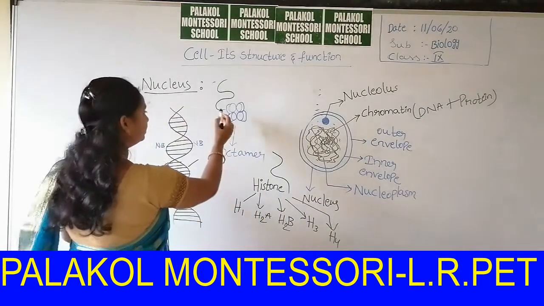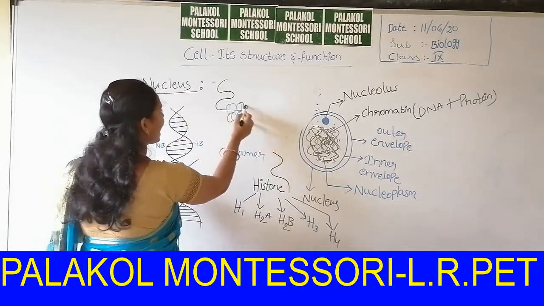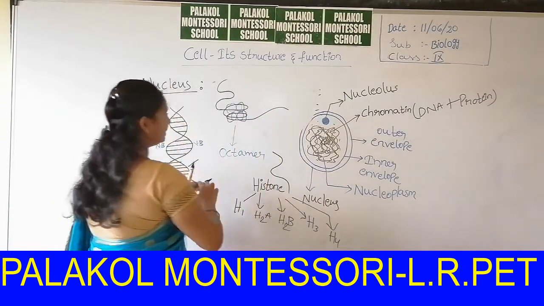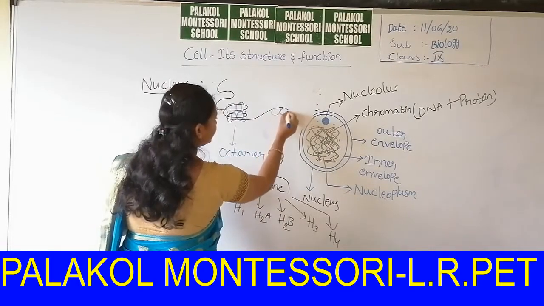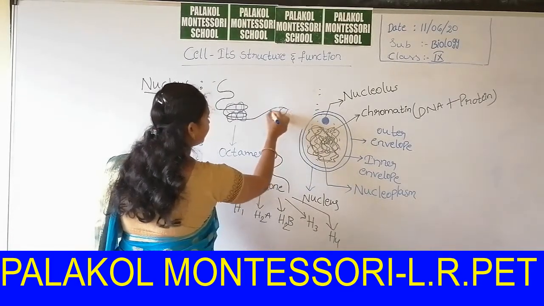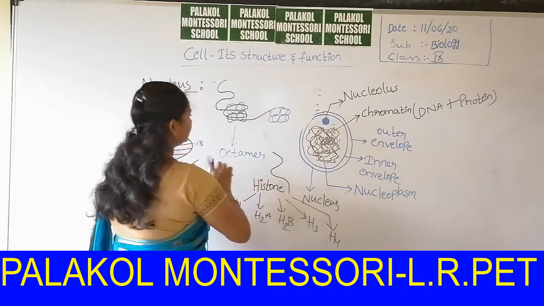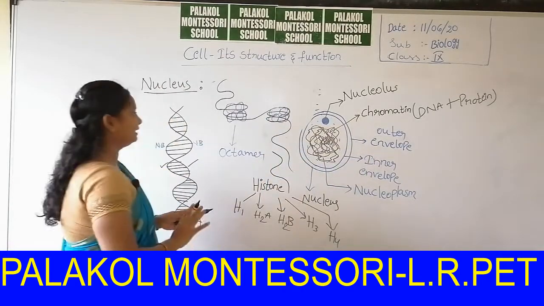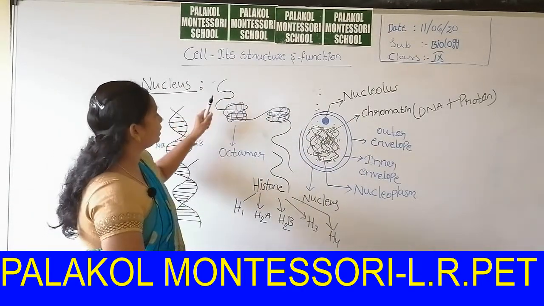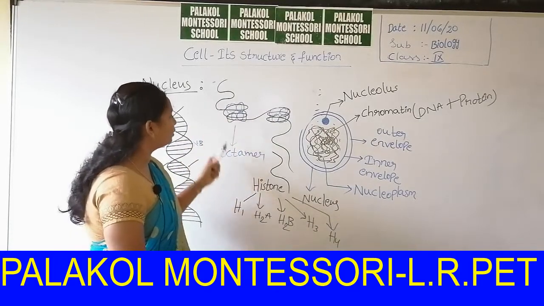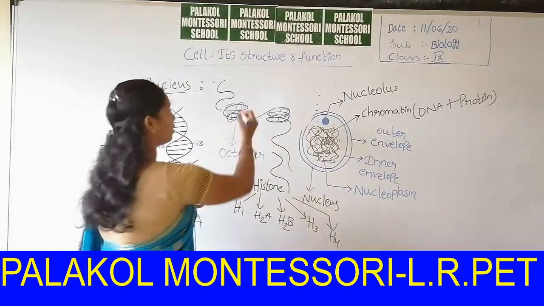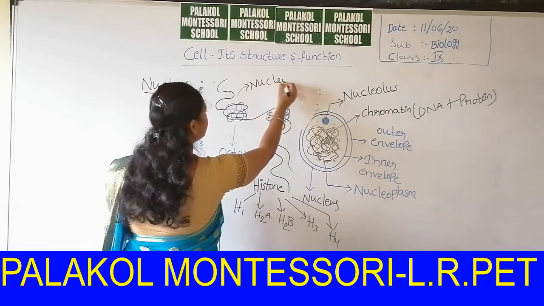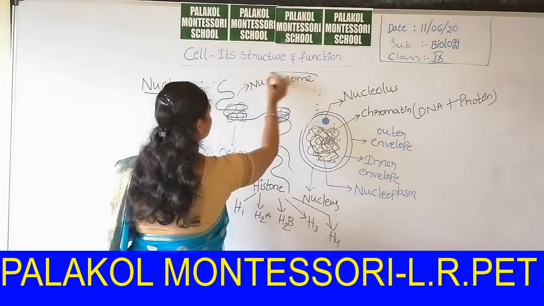Okay. Now this DNA comes and wraps around the histone proteins like this and goes to the next octamer, and here also it makes 2 turns and moves on like that. These two rounds of DNA around an octamer make a structure called a nucleosome.